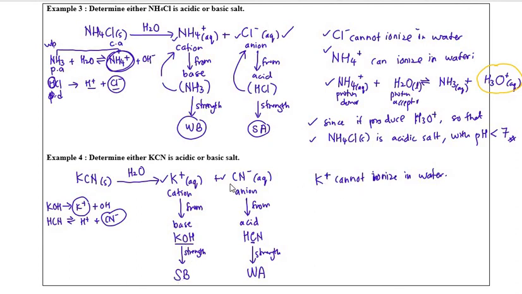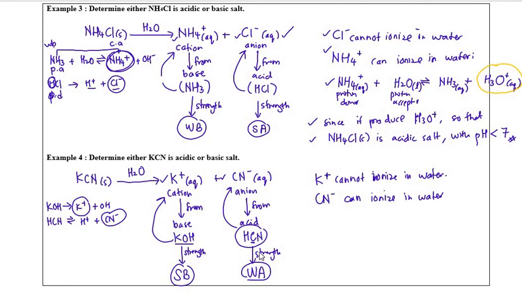Okay, how about CN minus? Just now, for a strong base, we conclude K plus cannot ionize. For CN minus, HCN is weak. Okay, so we conclude this CN minus can ionize in water because it comes from the acid which is a weak acid.